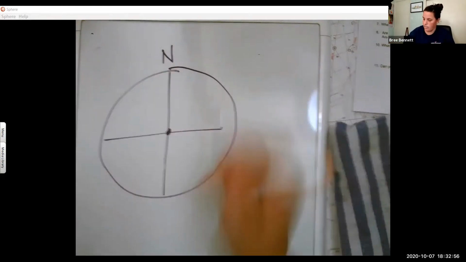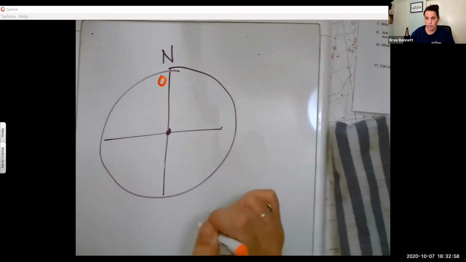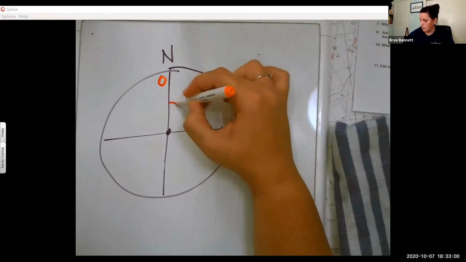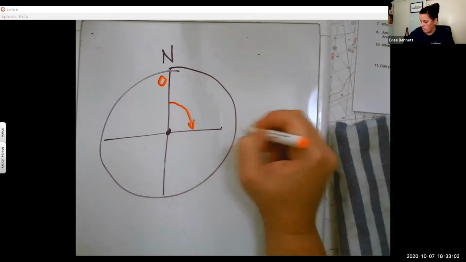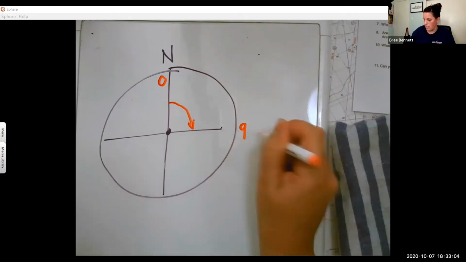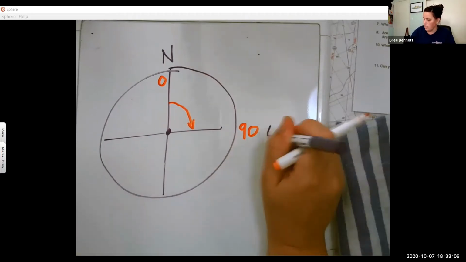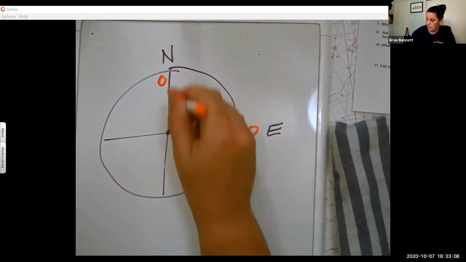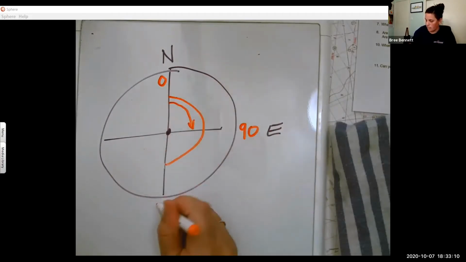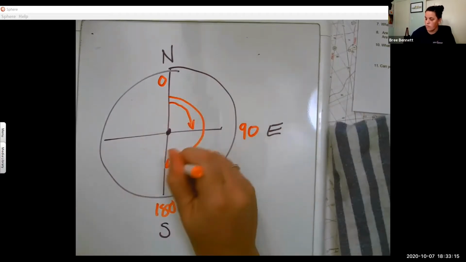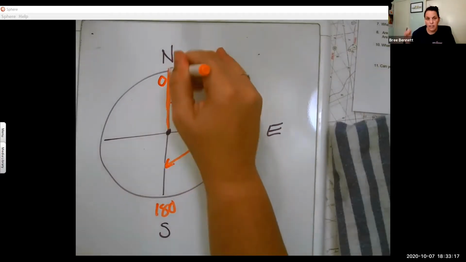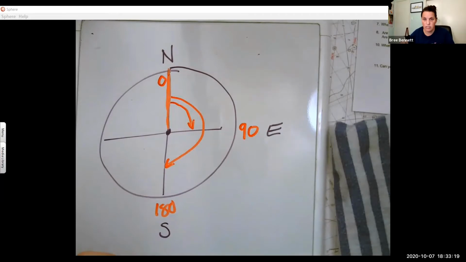So we have 0 as our north, then 90 degrees to go east, and then 180 degrees to go south, and that's from north because north is that reference point.